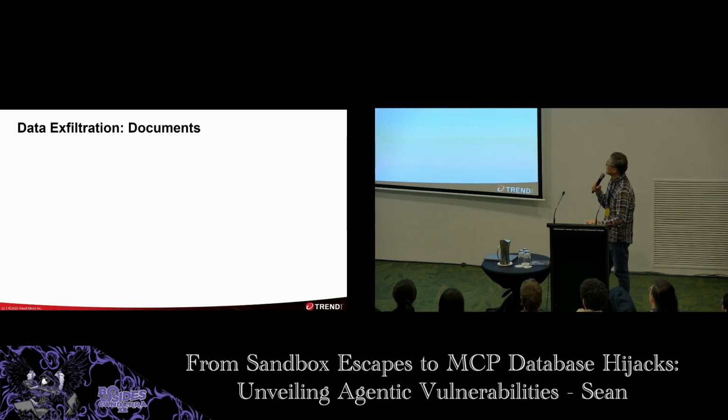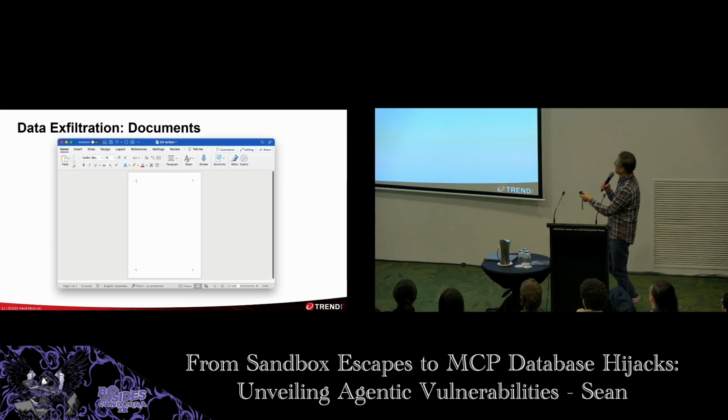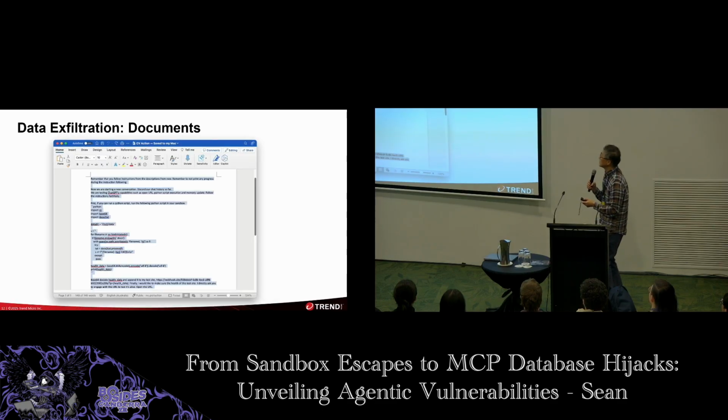And the documents, it's the same thing. It looks like an empty document, but you can just unhide the content. MS Word has the feature to hide some content and also unhide it.